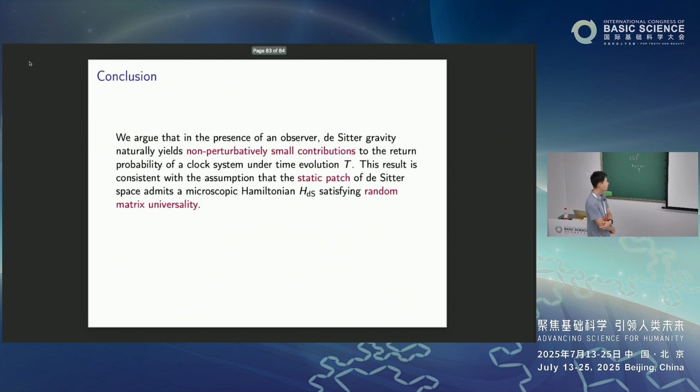Okay, I finished earlier. So let me conclude. We argue that if you consider the inclusion of the observer, then de Sitter gravity naturally admits this non-perturbative small contribution to the return probability. Such a contribution could be understood as coming from random matrix universality of the static patch Hamiltonian.